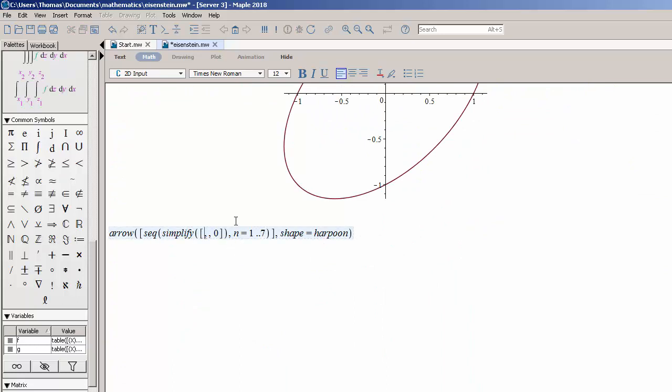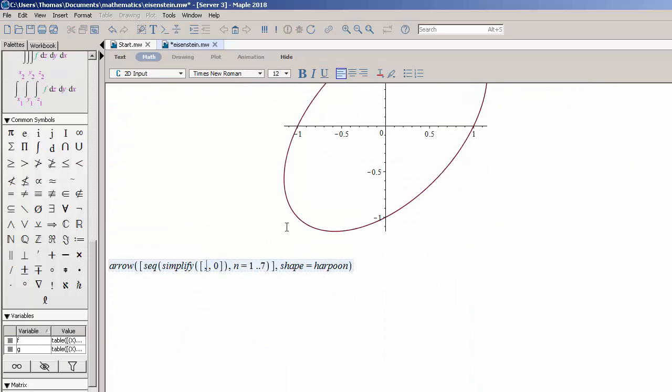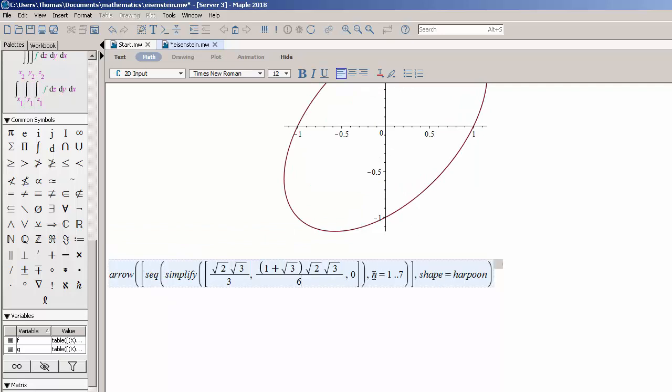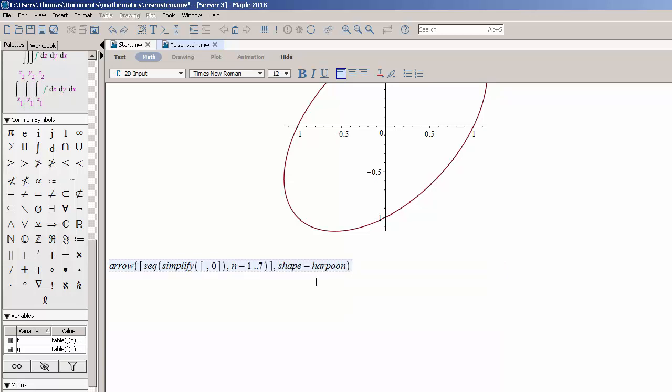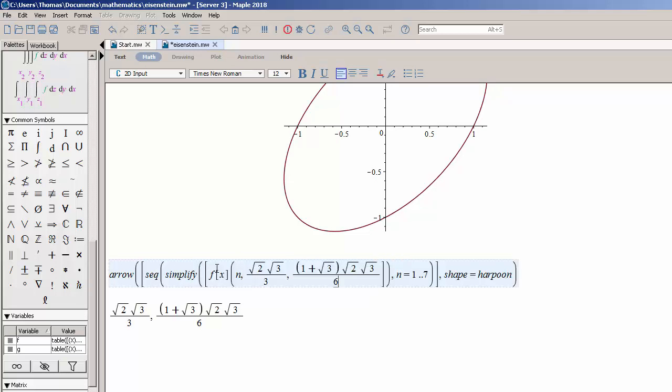Alright, so we're going to do this to n, and we'll put in these.